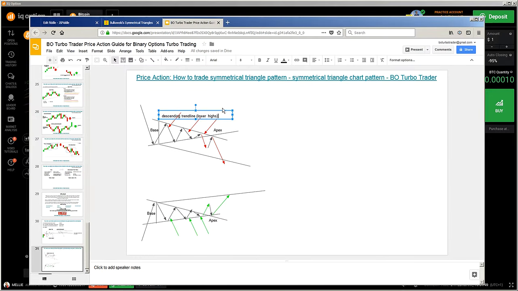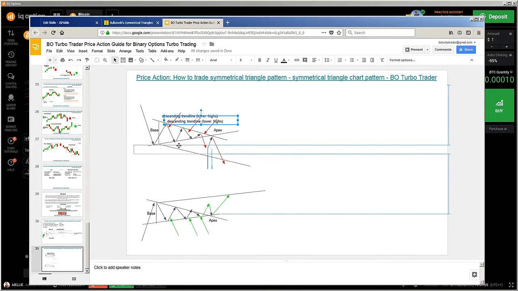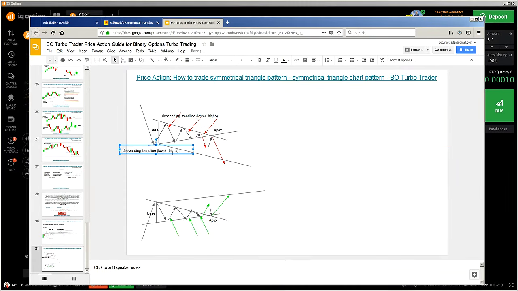And from below it's the same. It's formed by the ascending trend line, and it's higher lows. So higher lows.